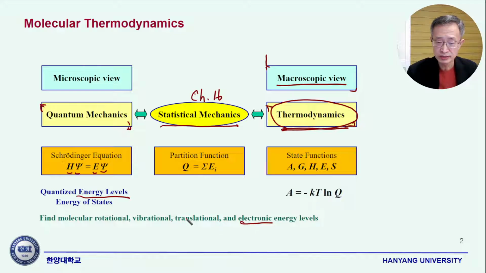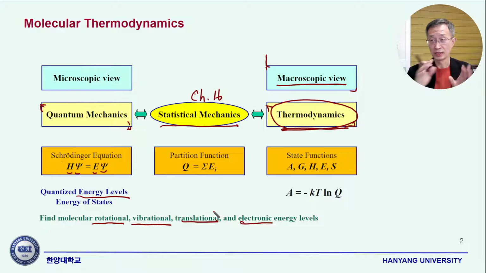Electronic, vibrational, rotational, translational. I just ordered them in size, from bigger to smaller. Electronic energy, vibrational energy, rotational energy are obtained by solving the Schrödinger equation. We are going to briefly describe how we do this in the next couple of slides.